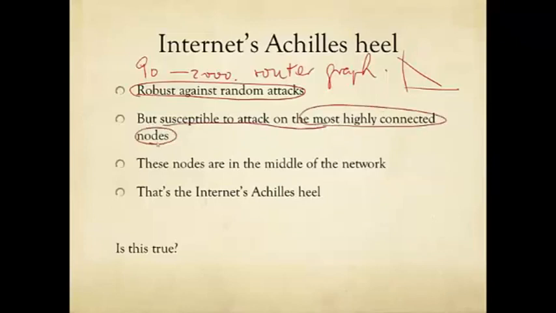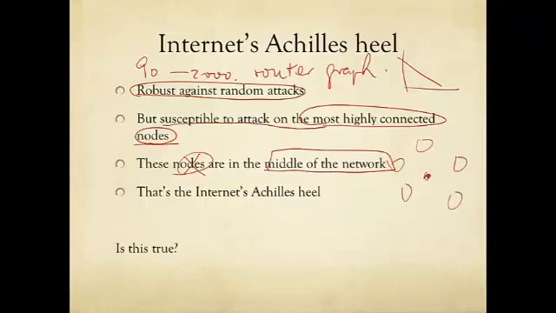These are the routers that have the largest degree, and because it's a scale-free network, there can be routers with a really big degree. And if they target an attack exactly on those nodes, then something bad will happen, because these nodes are sitting in the middle of the network, meaning they are in the middle of many paths. And therefore, if these nodes go down, they're going to break up the entire internet into many individual pieces.